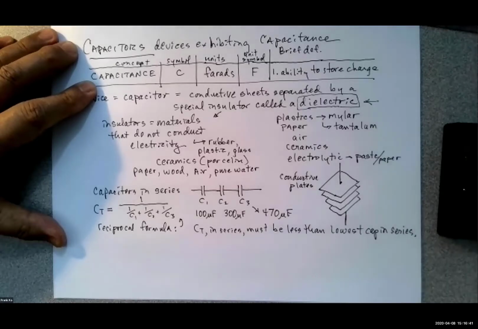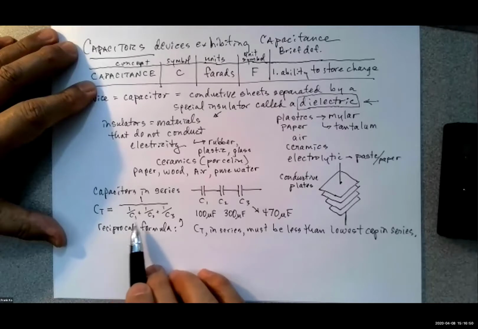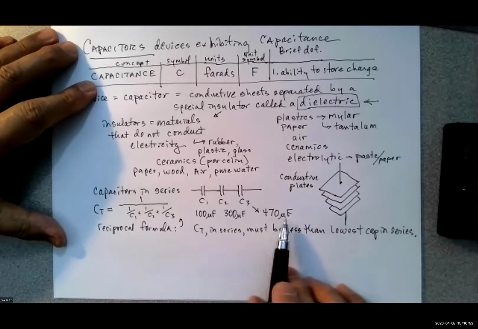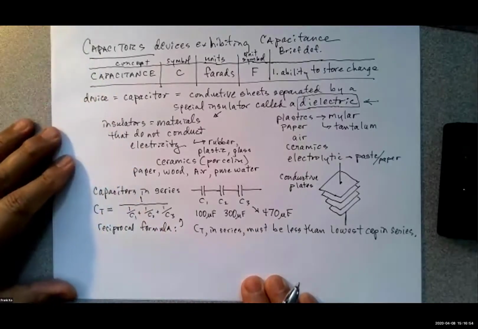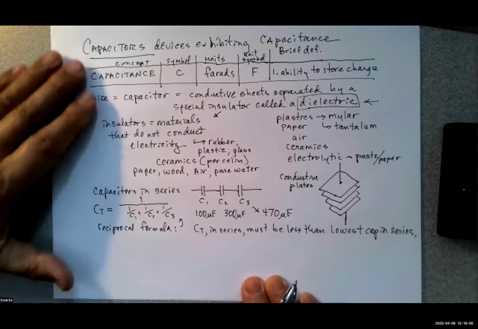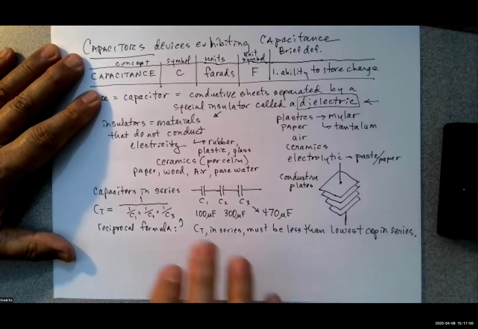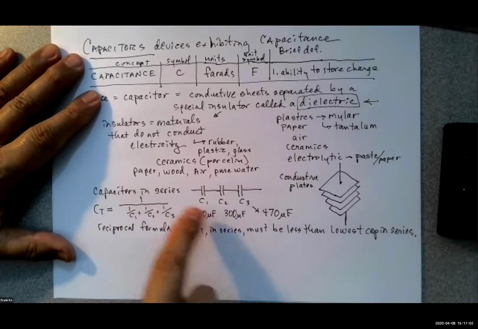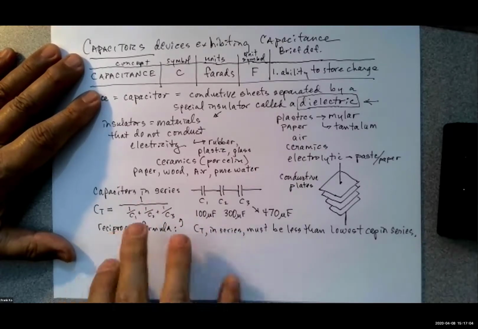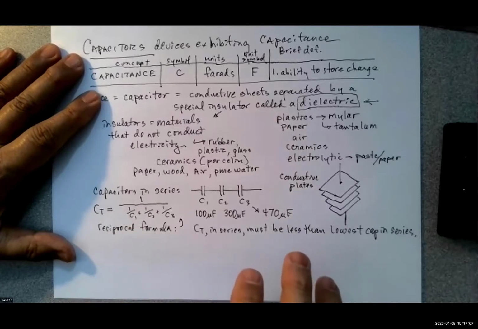What is my lowest value cap in series right now? Happens to be the what? The 100 microfarad capacitor. And if I go to calculate the reciprocal relationship of these 3 values, I will have a total that is less than 100 microfarads. So that you can say for sure. The capacitors in series, calculation-wise, are kind of similar to using the reciprocal method for parallel.